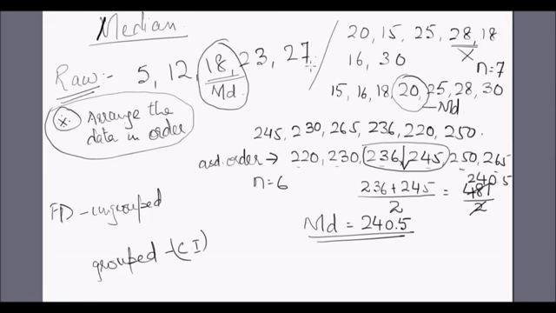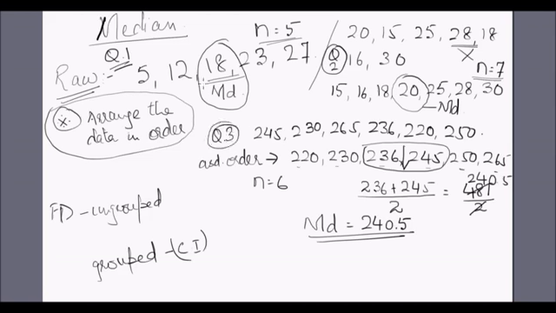The second thing, when you notice here we had n equals 5, we had 5 data, and here we had 7. In both these cases the number of data were odd, whereas in this case... let me write the question numbers: this is question number 1, this is question number 2, and finally this is question number 3.